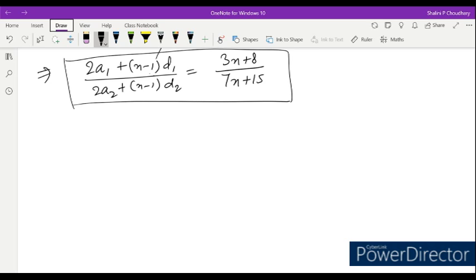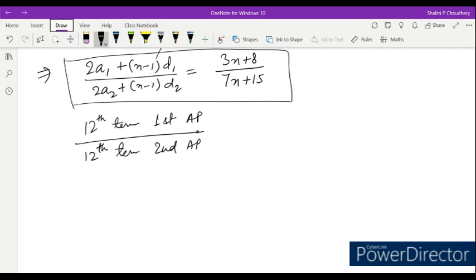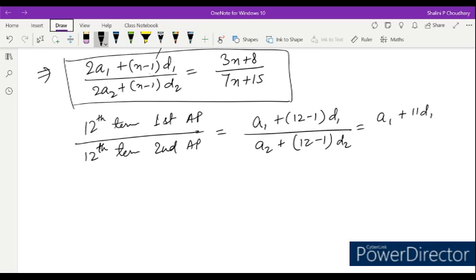Okay, so now what we have to find out is the 12th term of the first AP divided by the 12th term of the second AP. So that will be equal to a1 plus (12 minus 1) d1 divided by a2 plus (12 minus 1) d2. So this will be equal to a1 plus 11 d1 over a2 plus 11 d2.